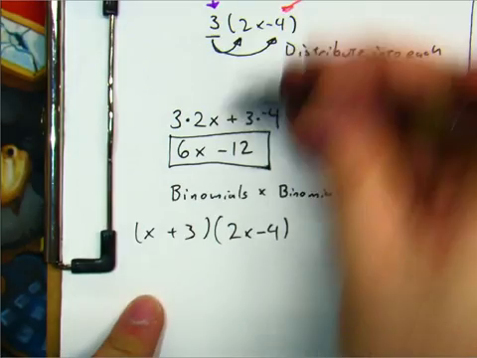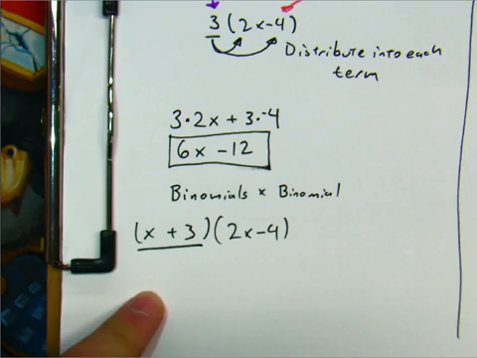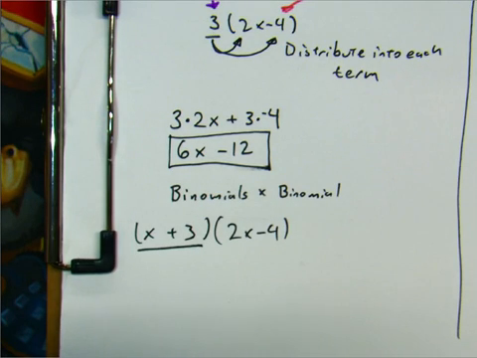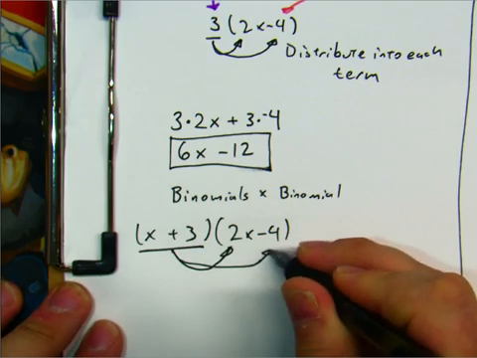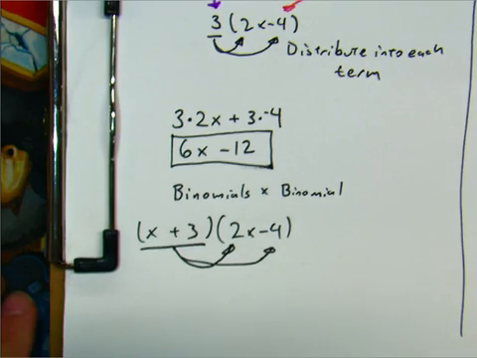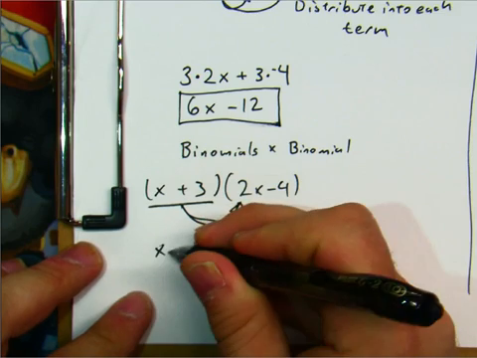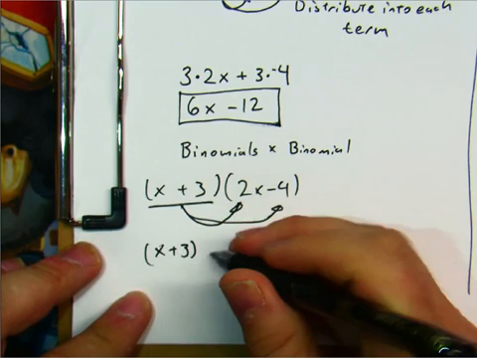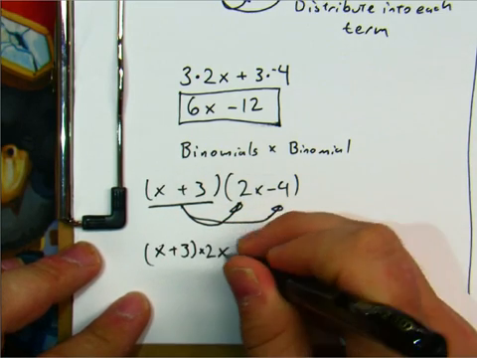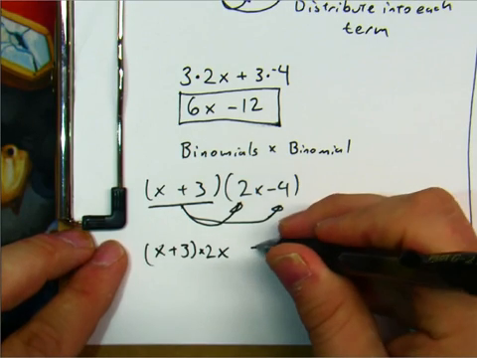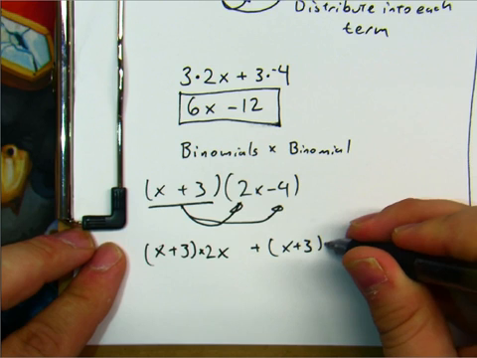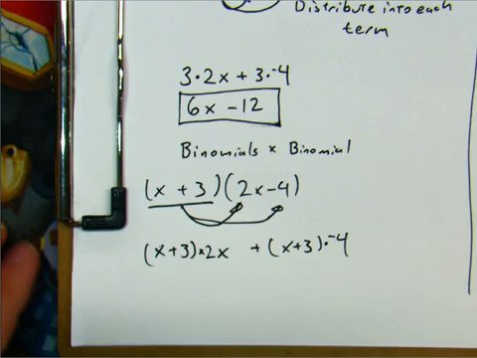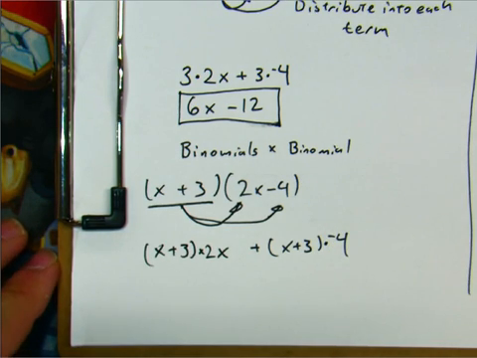So now instead of 3, I have x plus 3. But I can distribute this. This can be times this, and this can be times this. So what I end up with is x plus 3 times 2x, and then I'm going to add that to x plus 3 times a negative 4. Okay? We'll get there.